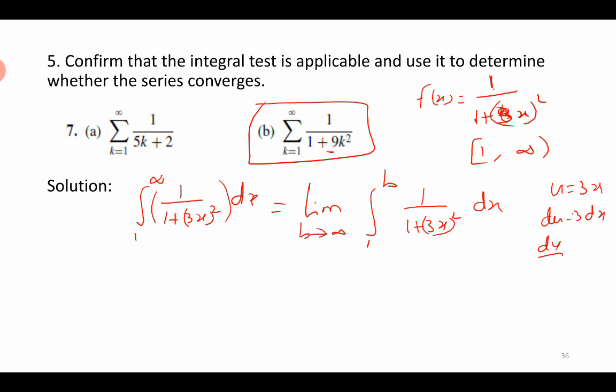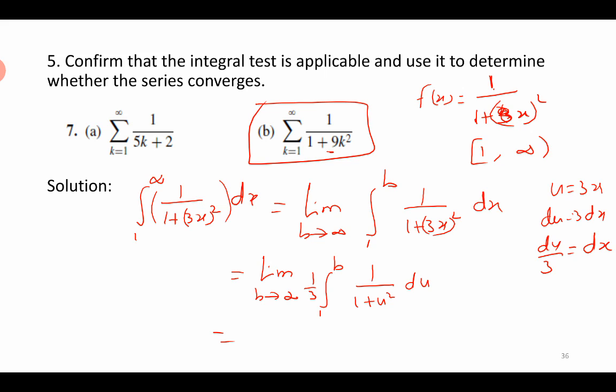So du over 3 is equal to dx. You can find the limits of u as well. So this is 1 over 1 plus u square du by 3.